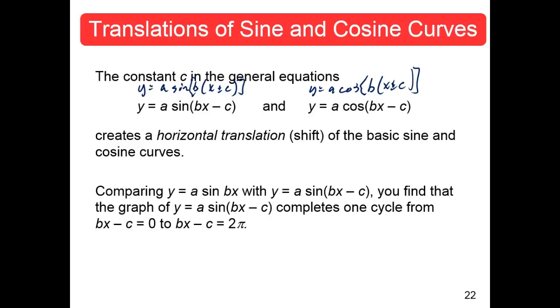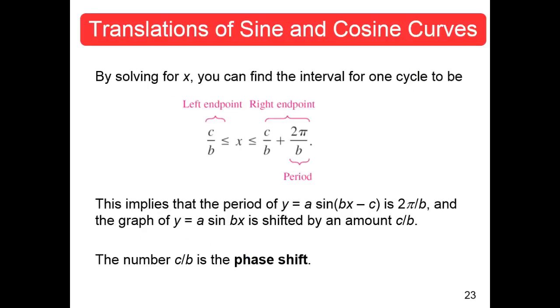And you'll see, in fact, when you solve this for this one right here for X, you get X equal C over B. And this is X equal 2 pi plus C over B, okay? So it's just really confounding the issue here, okay?